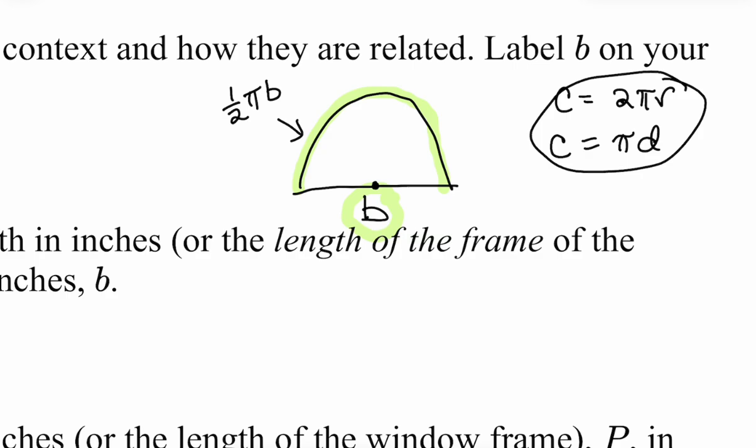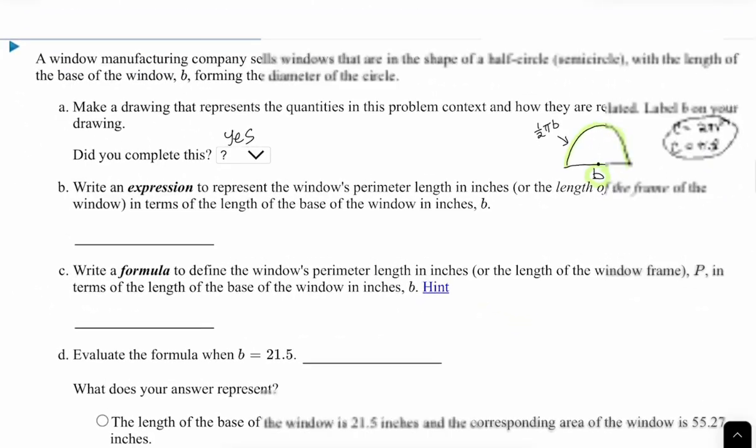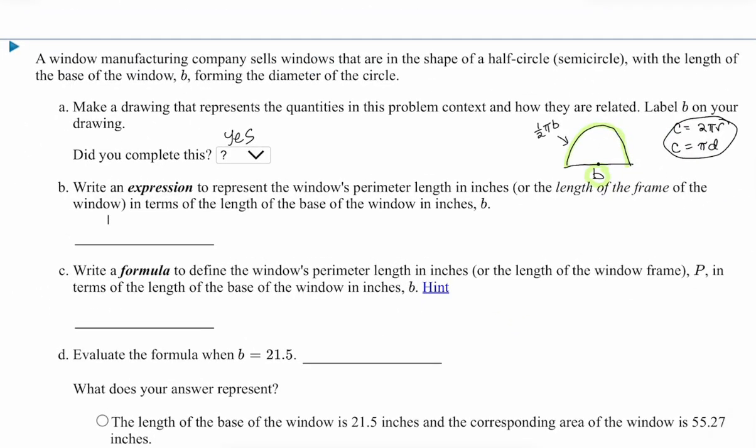Now, let's think about if you were making the window frame. That's this part. But what do we have to add on to it? That bottom part, that B. And so the total perimeter, the expression you're going to put right here, is 1/2 pi B plus B. Now, use that little equation thing, that little yellow box, so you can put that stuff in.